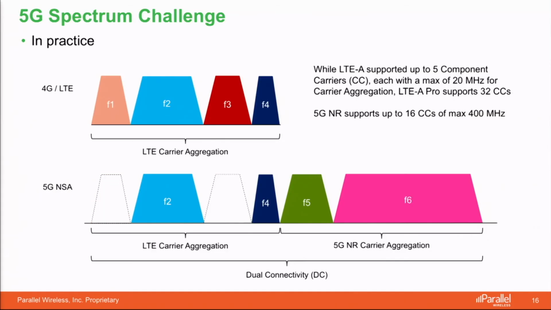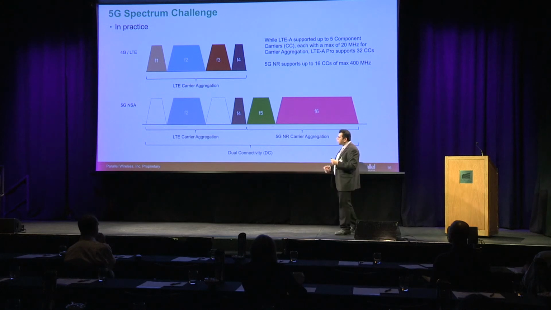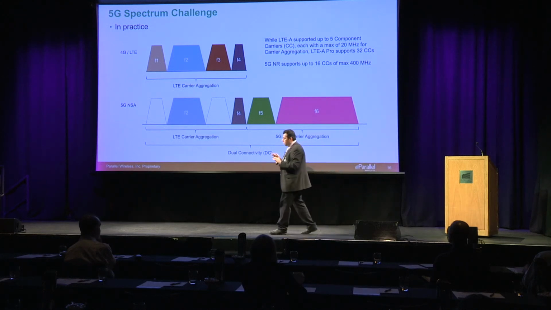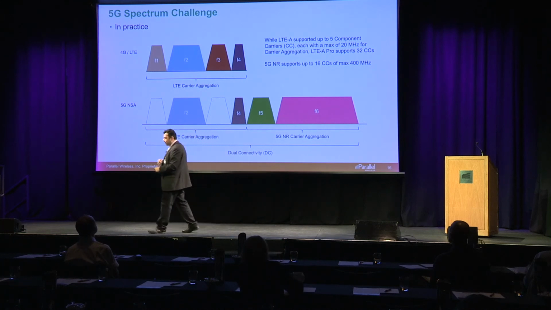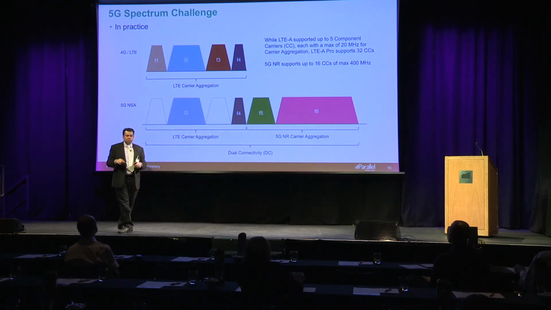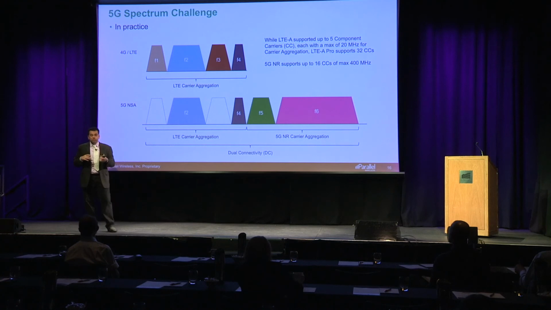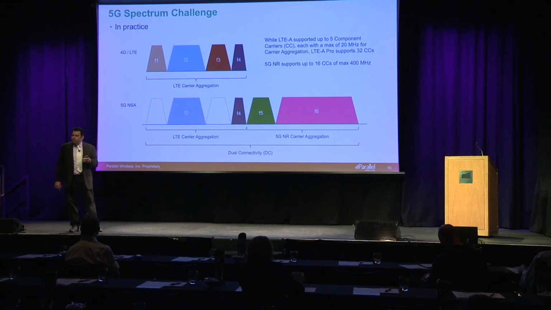In theory, this sounds very simple. In practice, you can't use all the frequencies which you're using for 4G for 5G, because of some interference issues, but also because you don't want to affect the 4G experience. Somebody might be thinking, oh, my 4G is great today, but suddenly you start using all these 4G frequencies for 5G, and they'll say, is my network intentionally slowing down 4G because they want me to move to 5G?